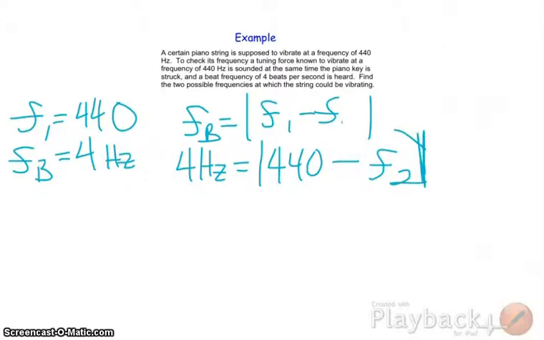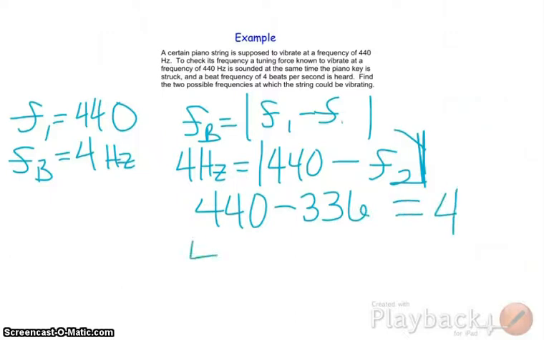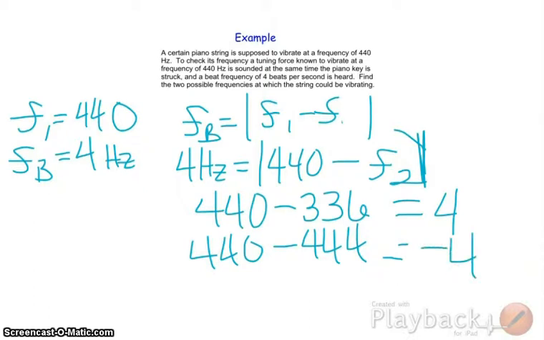Okay, so it could be 440 minus 336. That would equal 4. Or it could be 440 minus 444, which equals negative 4. Both have an absolute value of 4. So your possible frequencies are 444 and 336.